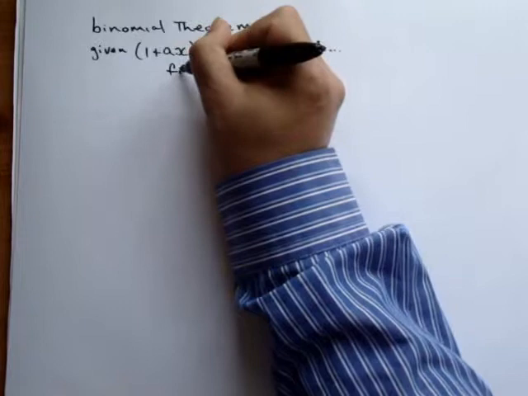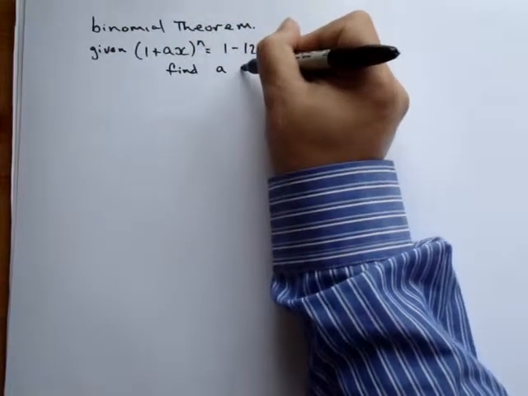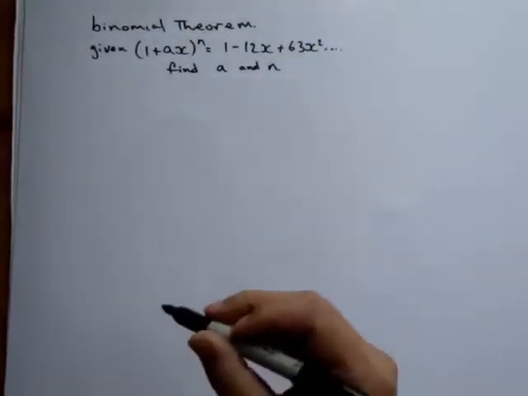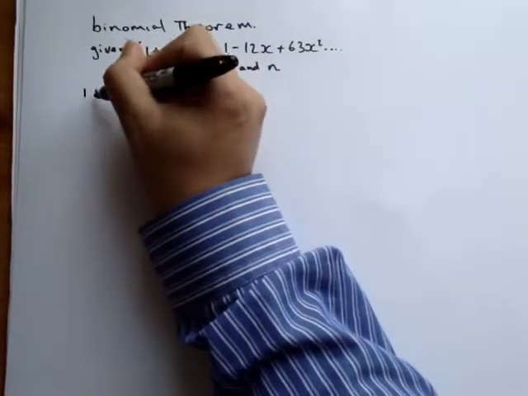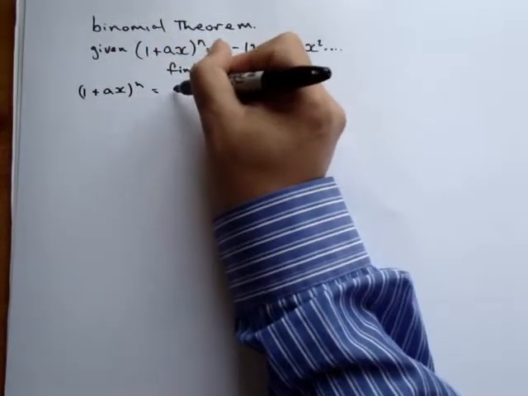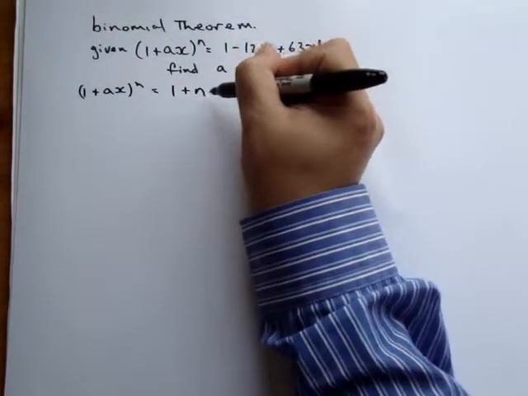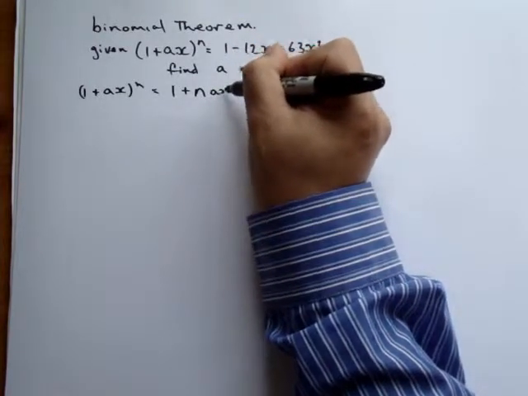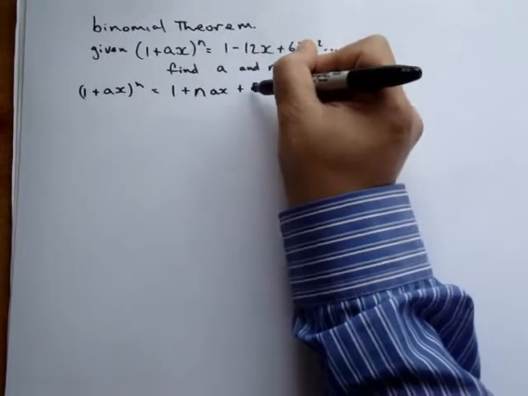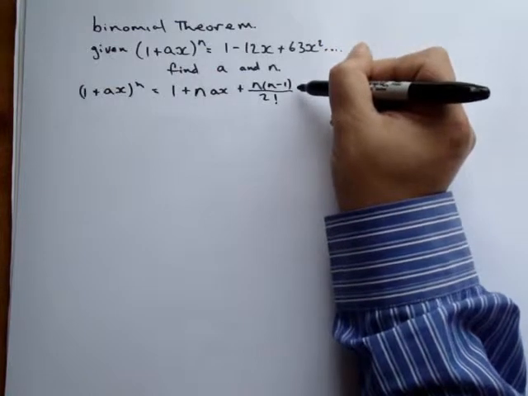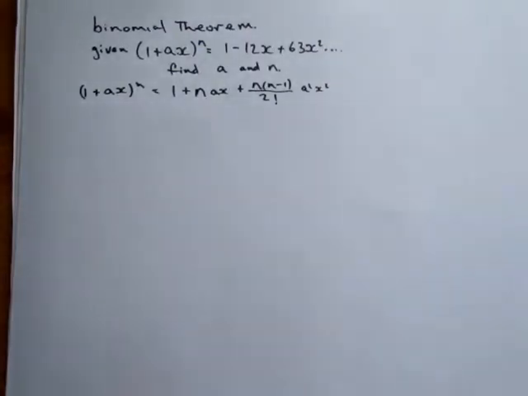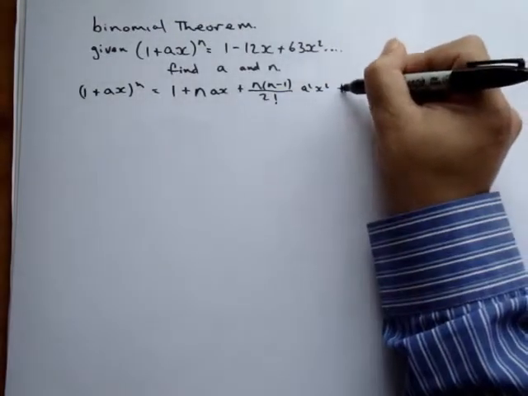And we have to find a and n. So let's have a look at the binomial theorem. It says that 1 plus ax to the n equals 1 plus n times ax plus n minus 1 over 2 factorial a squared x squared plus, and then carry on.